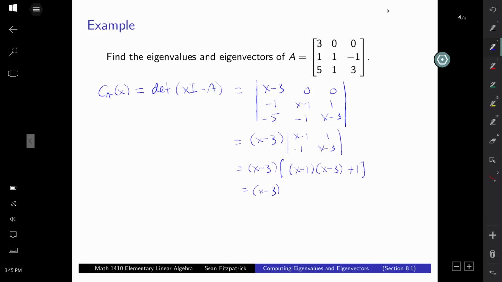But I've got to factor this other quadratic, so I expand and simplify. I've got x squared minus 4x plus 3, plus 1 more, that's 4. So what I get is x minus 3 times x minus 2 squared. So I get two eigenvalues.